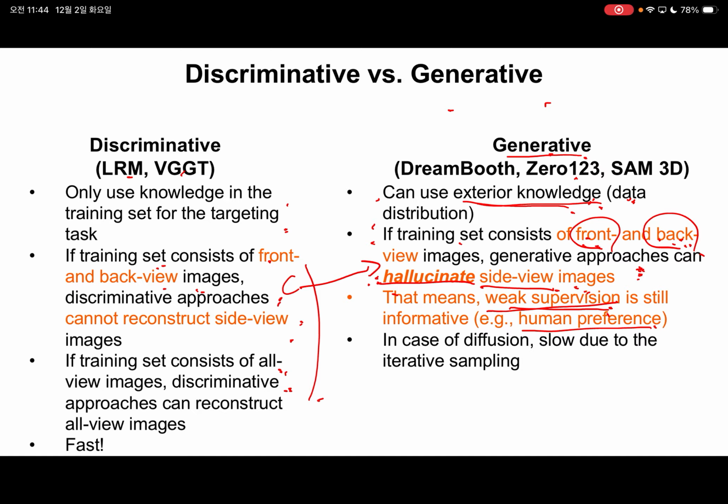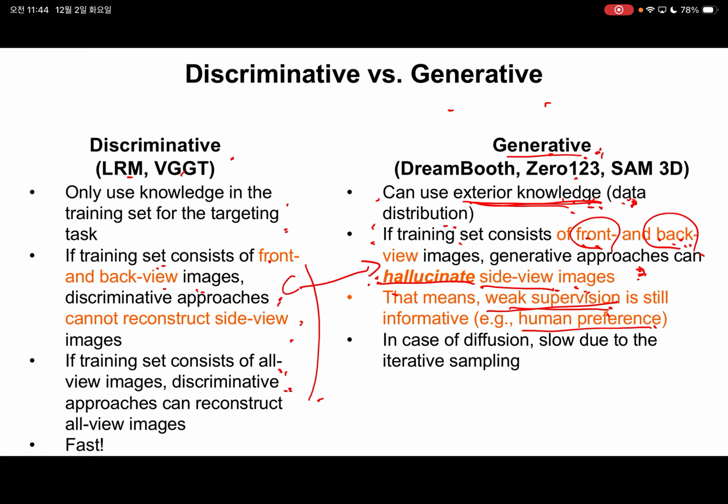So although generative models have this strength, discriminative models always achieved better results than generative models. But these days, exterior knowledge, data distribution is getting better and better, so in many cases, generative models perform better than discriminative models, because the data distribution is much better than previous ones.